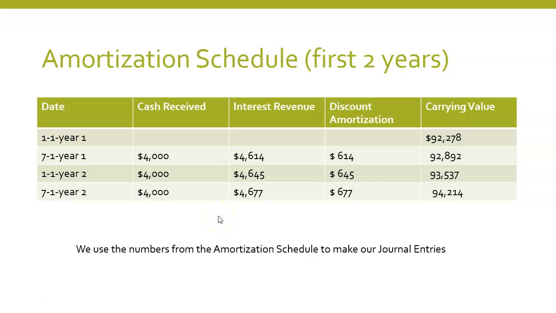We earned it in this fiscal year, just because there's one day of the next fiscal year. So both of these interest revenues would be recorded in year one, and both of these discount amortizations would be shown in year one.